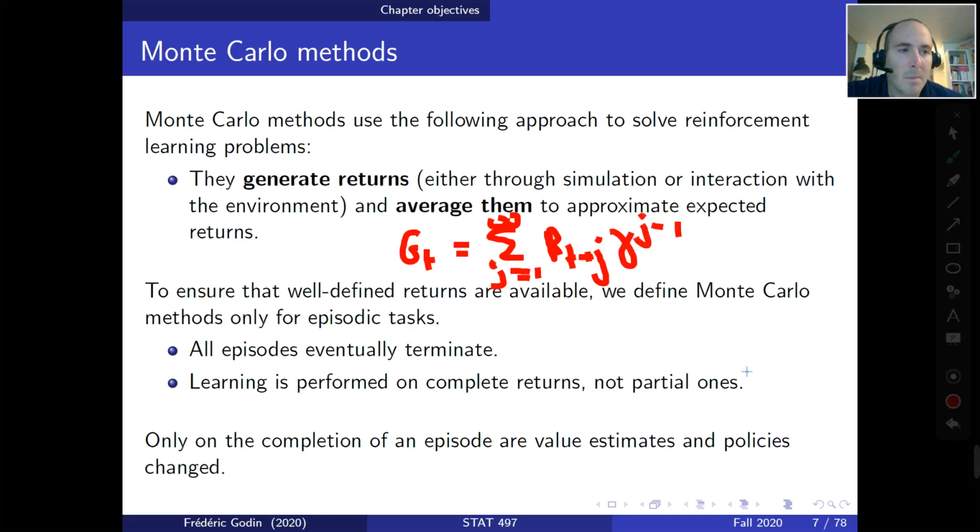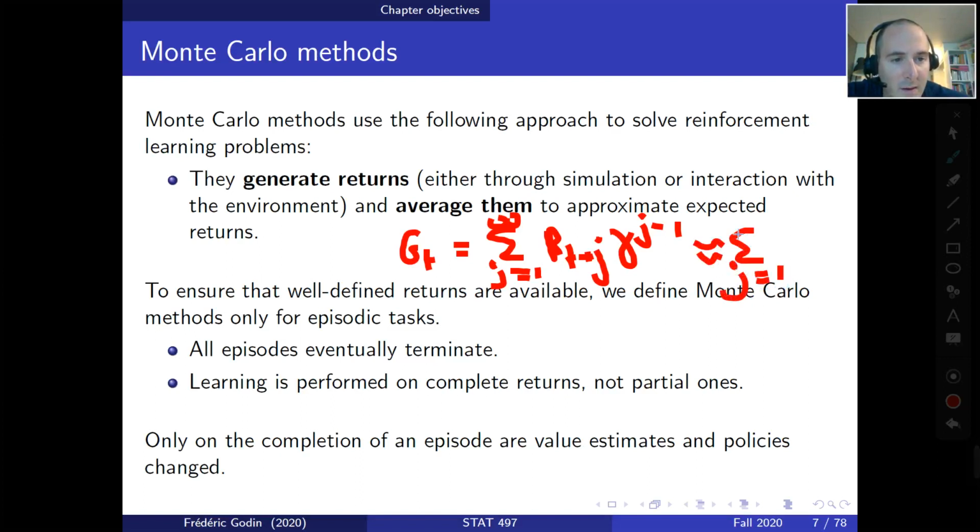But if the discount factor is smaller than 1, then eventually, when j is super large, all these terms will be very, very small and negligible. So even in continuing tasks, often you can approximate the return by a finite sum instead.